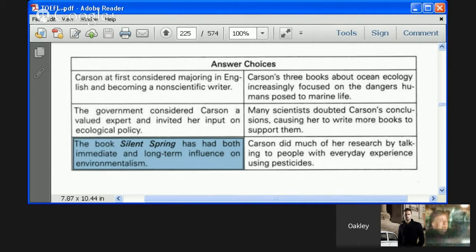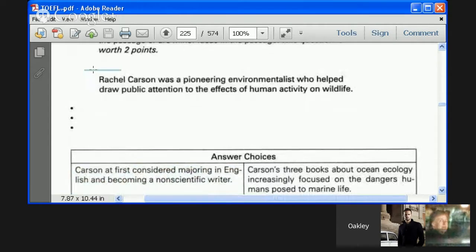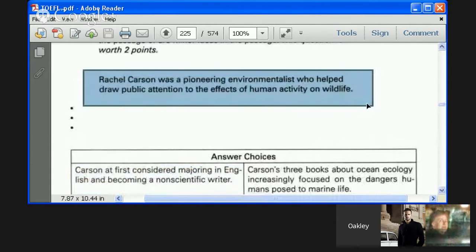Giovanni. The book Silent Spring has had both immediate and long-term influence on environmentalists. But for me, yes. What do you think? Could be yes. Can I see again the question? Sorry, no question, but yes.